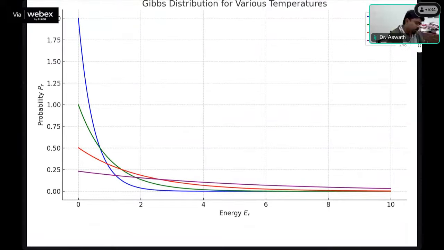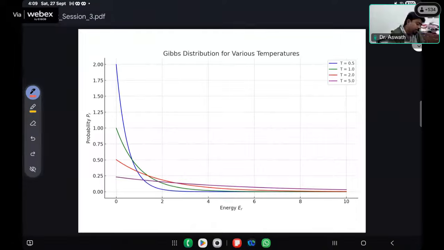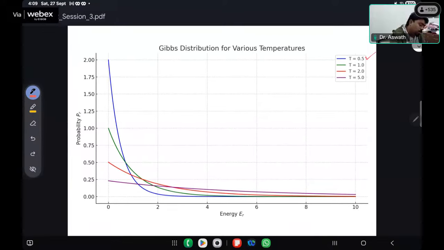You see the probability distribution for various different temperatures. I have temperature 0.5 units, some units; I'm not saying which, Kelvin or degrees. Then 1, 2, and 5.